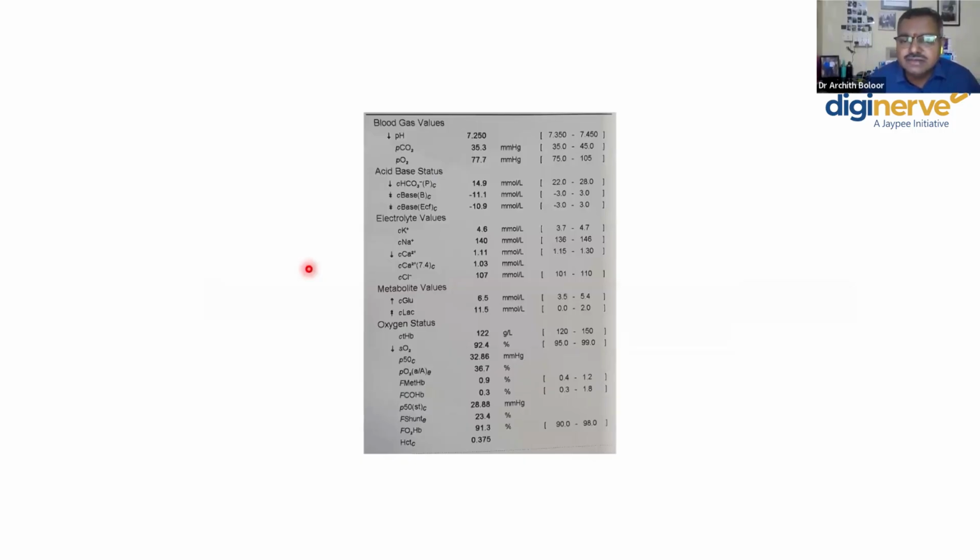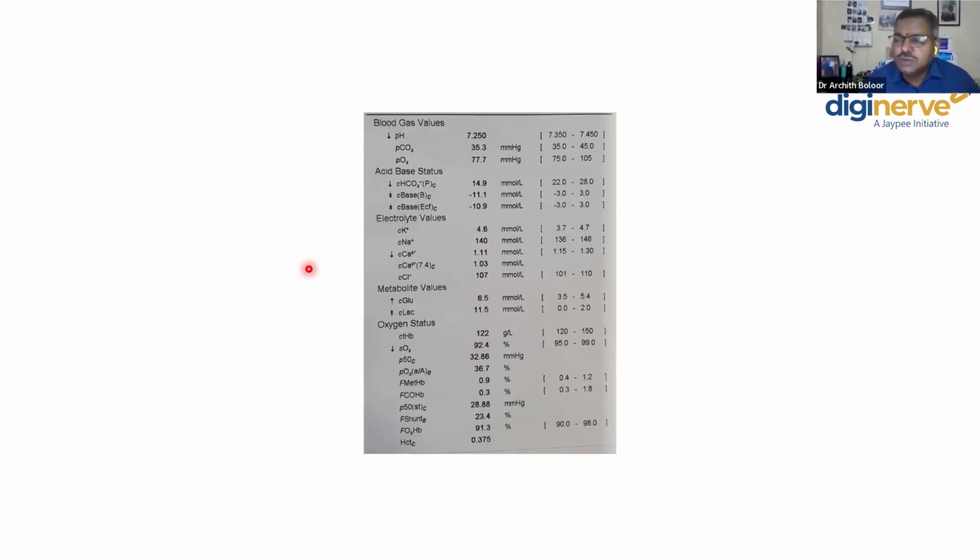So this is how an arterial blood gas report would appear. You can see that the pH, the PCO2, PO2, these are the ones which are primarily going to be given. Then the bicarbonate. And you could also get other findings like the base excess, the electrolytes, and in some of the machines you get the hemoglobin, and you might get the glucose and lactate also.